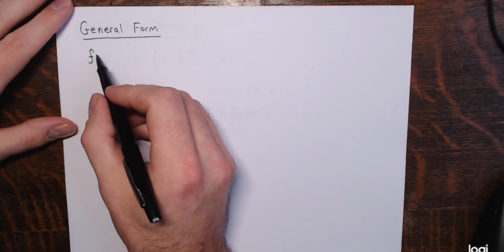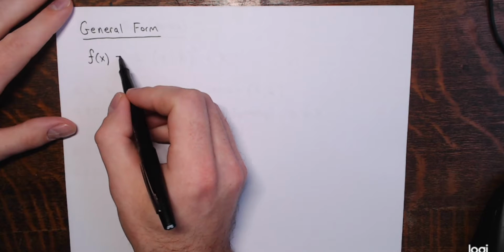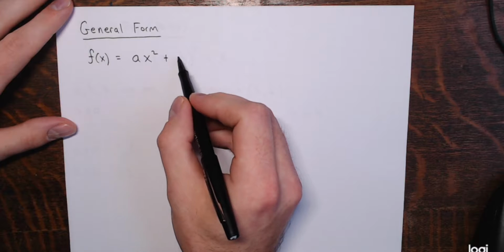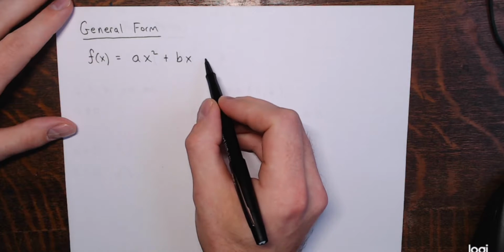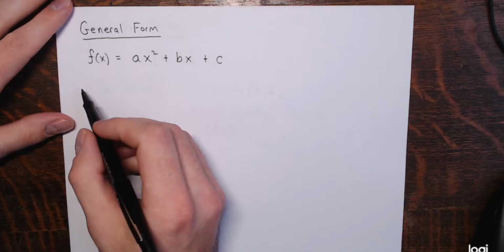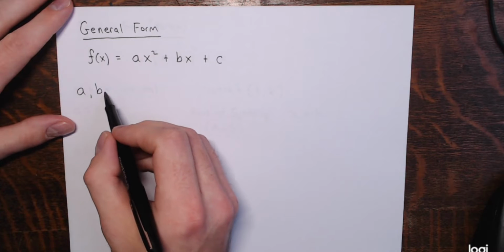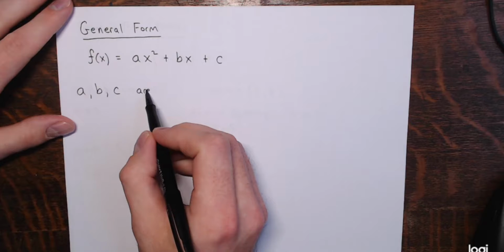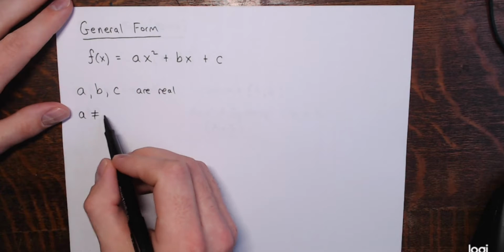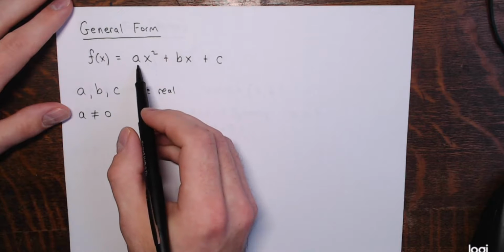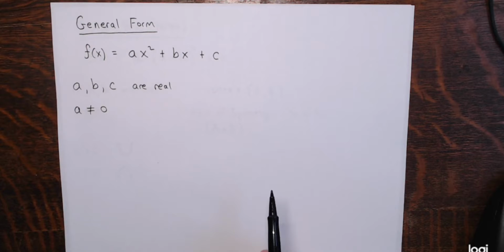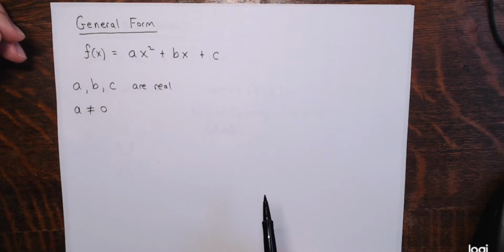And that was f of x or y equals a times x squared plus b times x plus c, where a, b, and c are just real numbers, the coefficients. And again, we don't want the lead coefficient to be 0, because if this were 0, then it would just be a graph of a line, not a parabola. It would be a linear function.